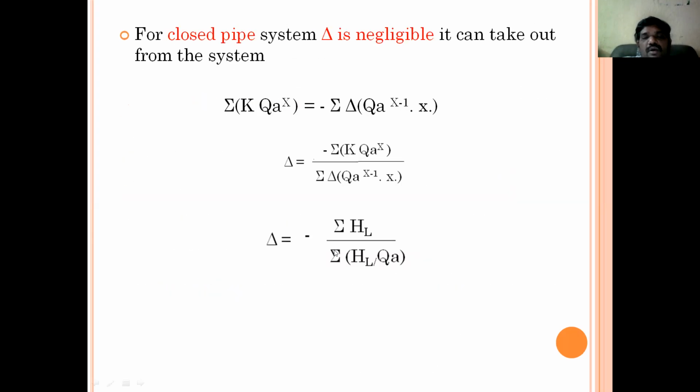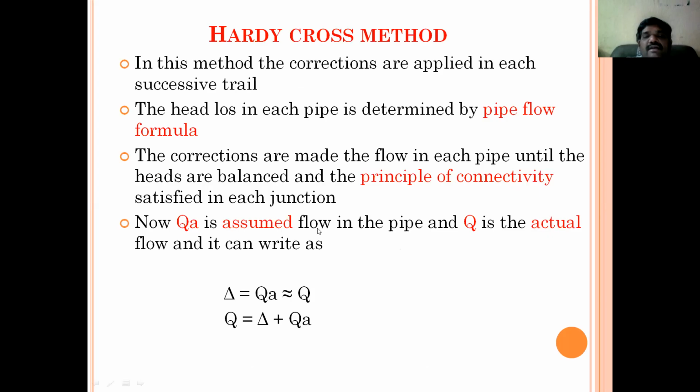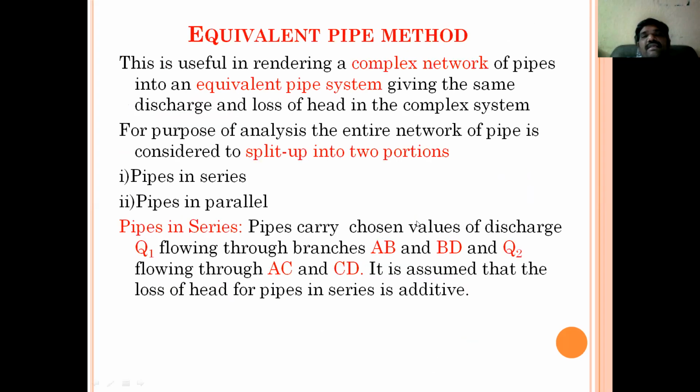Now, how did we get this formula? This is the derivation part, and it is the proof, in the sense evidential, and how we solve this. The next one is the equivalent pipe method. Equivalent pipe method is useful in reducing a complex network of pipes into an equivalent pipe system.